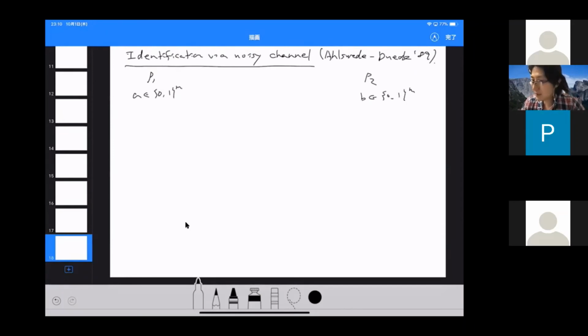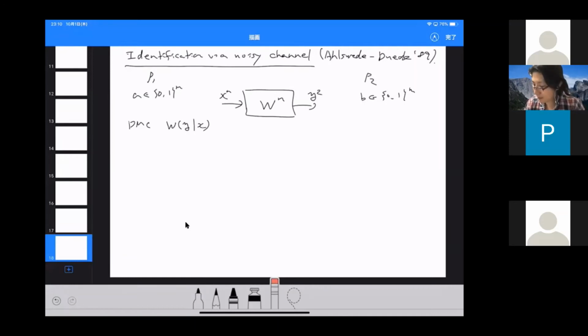And here, instead of noiseless communication, they are connected by a noisy channel, a discrete memoryless channel, with n uses of the discrete memoryless channel. So P1 sends some input signal xn, then P2 receives some output signal yn. So we consider a DMC given by a stochastic matrix W of y given x.